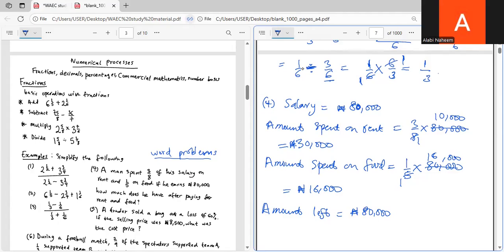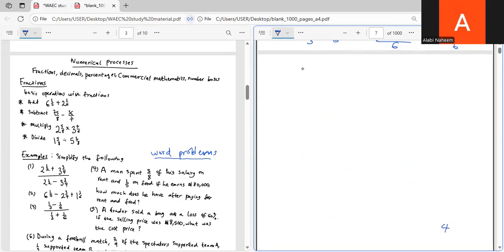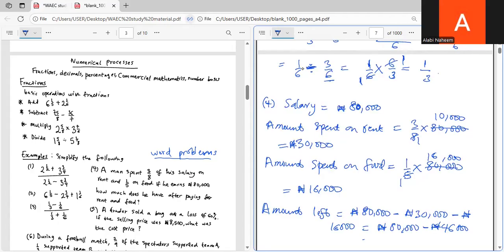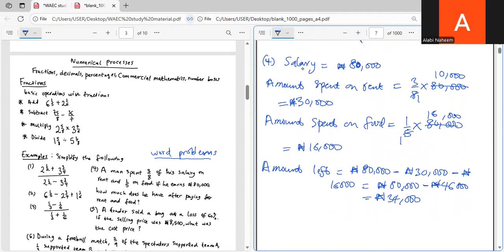We say 80,000 naira minus the 30,000 naira he spent on rent minus the 16,000 naira he spent on food. That should amount to 80,000 minus 46,000, which is equal to 34,000. After spending that amount on rent and food, he has 34,000 left.